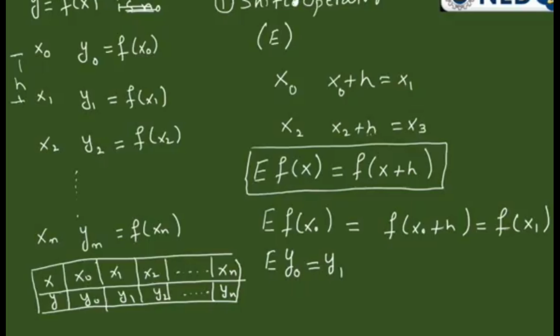There is no calculation required, you just need to assign the values. So if the data is situated at a distance of h, this is the definition of the shift operator, but keep in mind, the shift operator works in both directions. It can shift value forward and it can shift value backward as well. So it depends how you deal with the example.